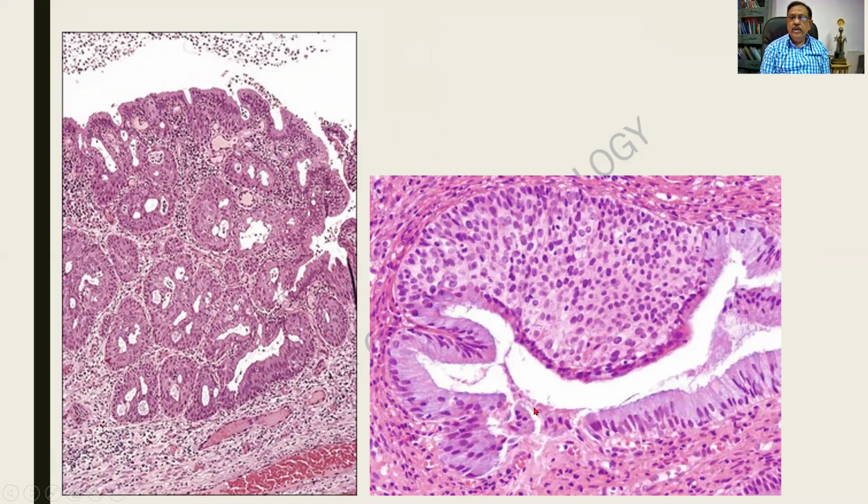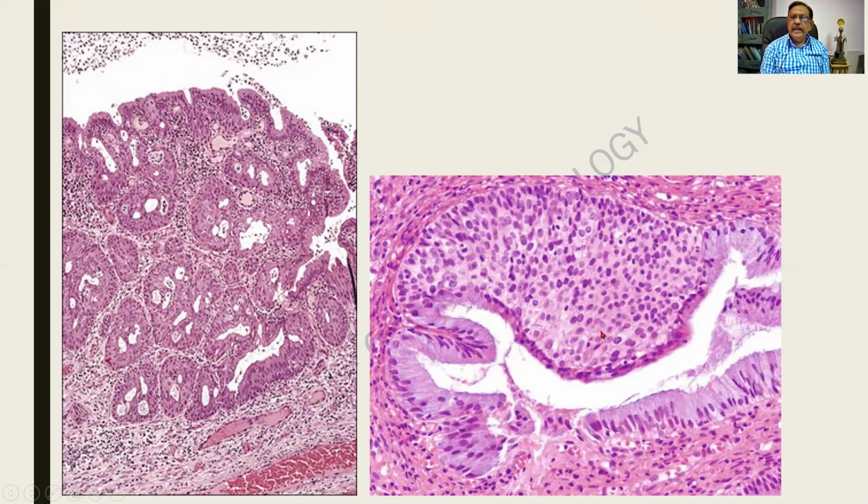This is an endocervical gland. The endocervical gland means it is lined by these tall columnar cells, and these are the nuclei. But then as I trace the epithelium, I find that at one area, it is being replaced by multiple layers of polygonal cells, and the dark ones are the nuclei.